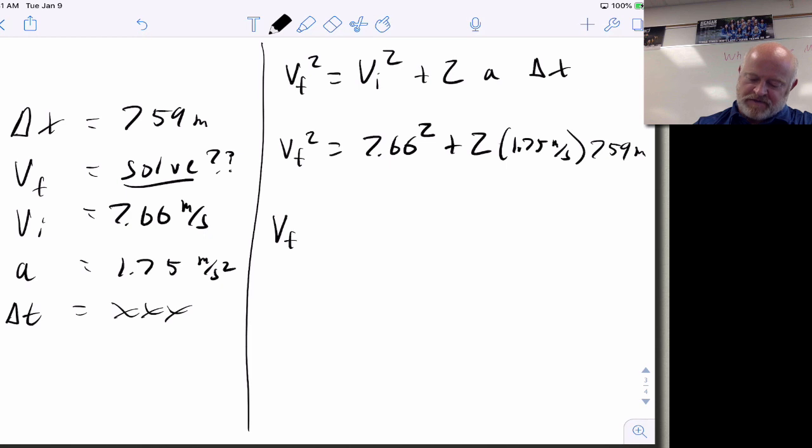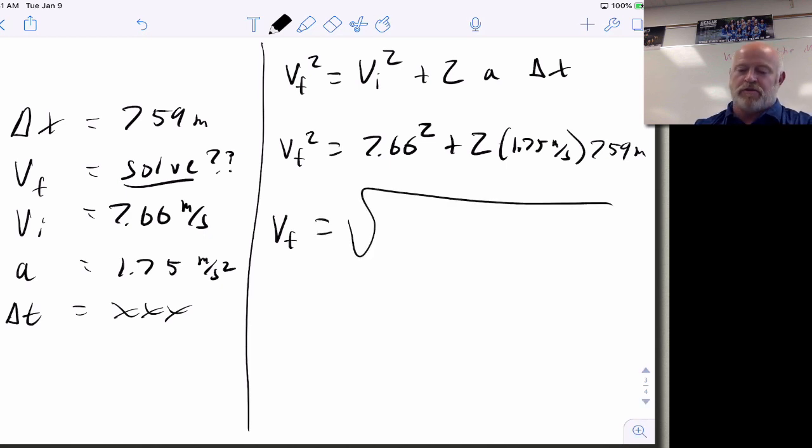Which means our velocity final will equal the result of all that square rooted. If we take 7.66 squared plus 2 times 1.75 times 759 meters, we get 2,656.5. The label here is meters squared per second squared, which we want because once we square root it, the squares will go away.